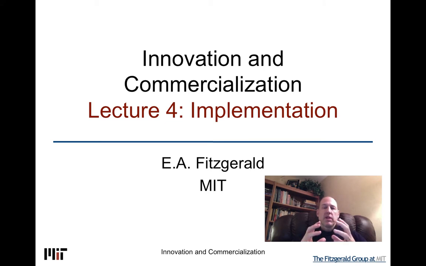But in understanding how to think about and how people do innovation, this third category that we're going to talk about in Lecture 4, implementation, is really important. It involves all the stuff that typically people put into the black art part of innovation.